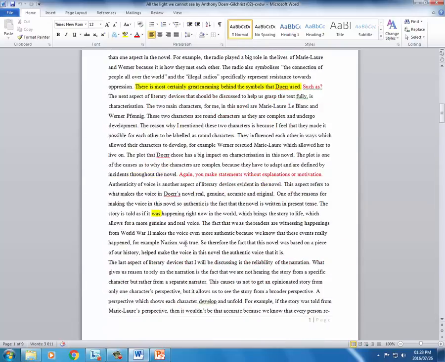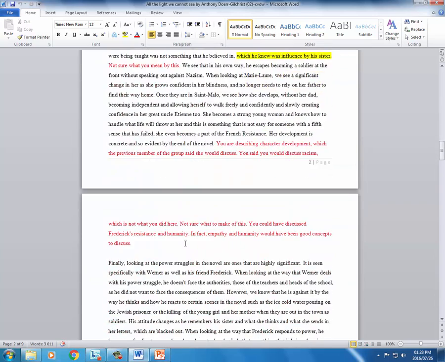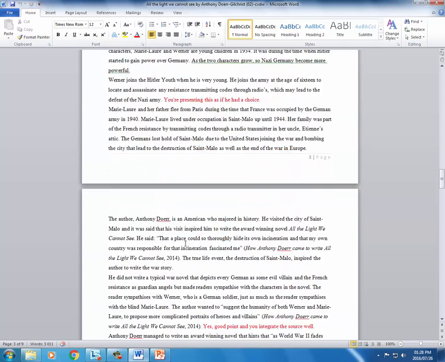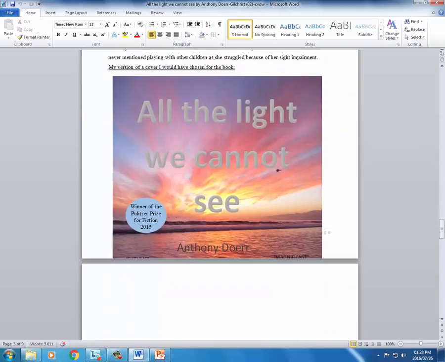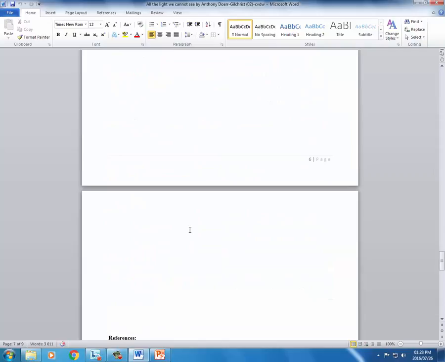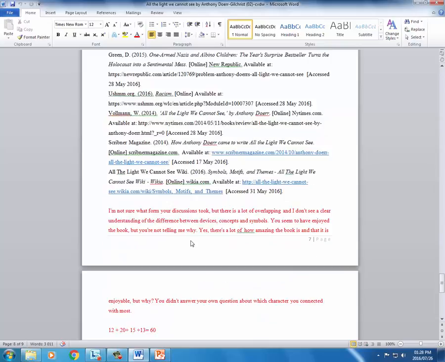So you can see it's substantial writing. The bits in red are my comments, and then context, and then that was the art director. And she also devised her own topic. So they were also supposed to reference, so it really is an academic essay that they're supposed to develop.